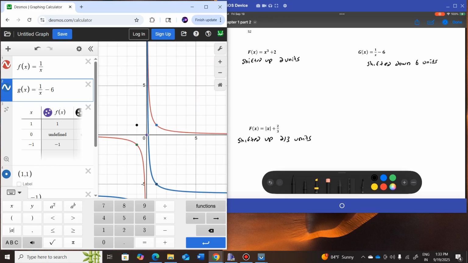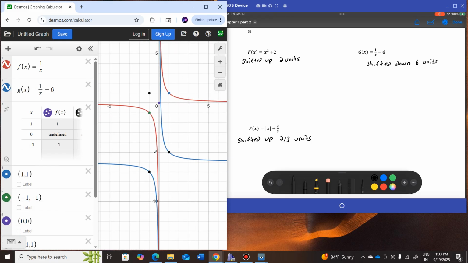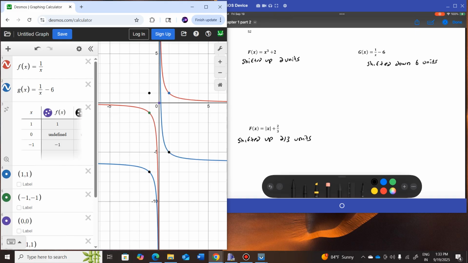And so zoom out a little bit here. Right, key thing with this one is our horizontal asymptote. We have a horizontal asymptote at y equals 0. Okay, this red line doesn't go past the y equals 0 marker. Same with the red line on the left side or the right side. Okay, the blue graph, it's shifted down, and so that horizontal asymptote also ends up down at y equals -6.